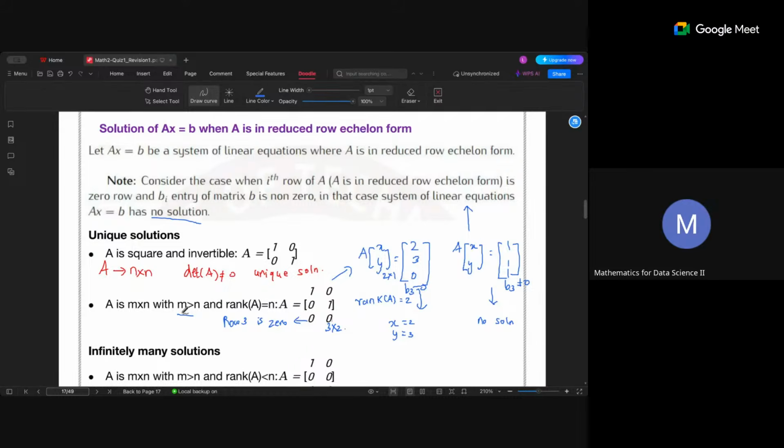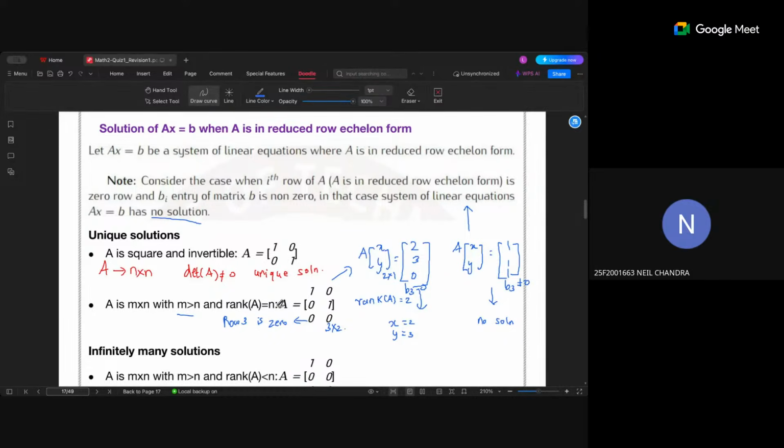Yes, exactly. And given those conditions, if we find rank of A equal to n columns, then it is a unique solution.